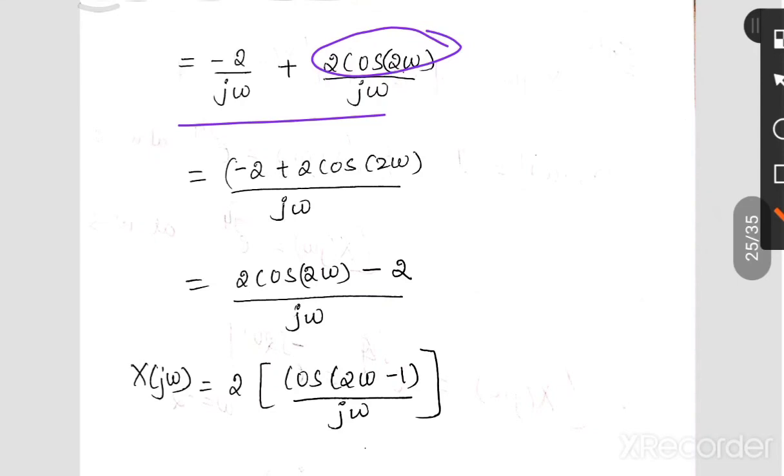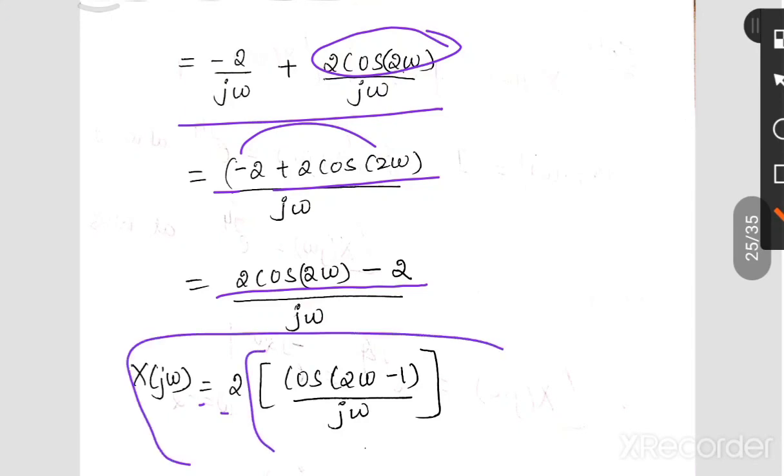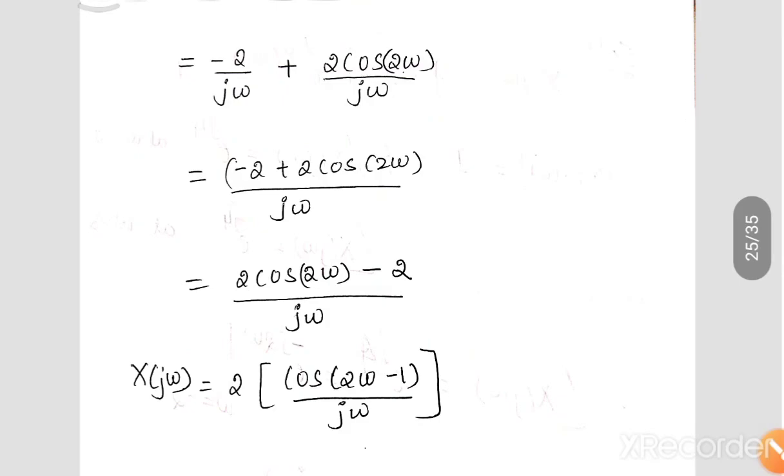So simplify, the denominator is common, minus 2 plus 2 cos 2 omega, then rewrite it properly, take a 2 outside, then it will be 2 times cos 2 omega minus 1 divided by j omega. This is the Fourier transform of the given signum.